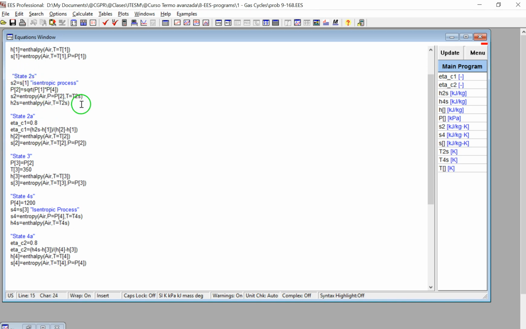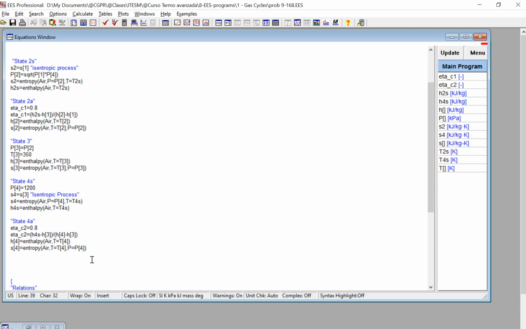Capture one state, solve it, and see that there's no problem and that you don't have any initial guesses to check, so you know that right now you are okay from state 1 up to state 4S and 4 actual. So we're going to assume a value of temperature 5.